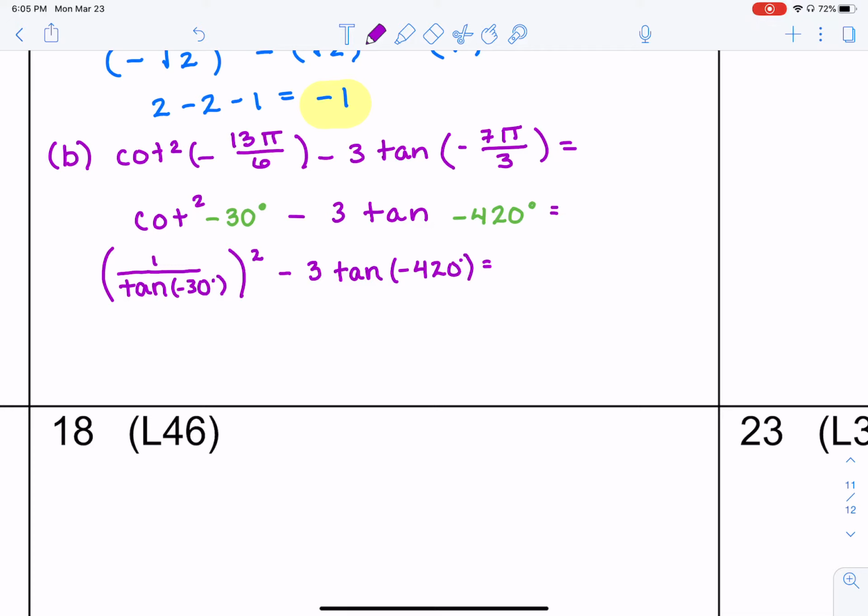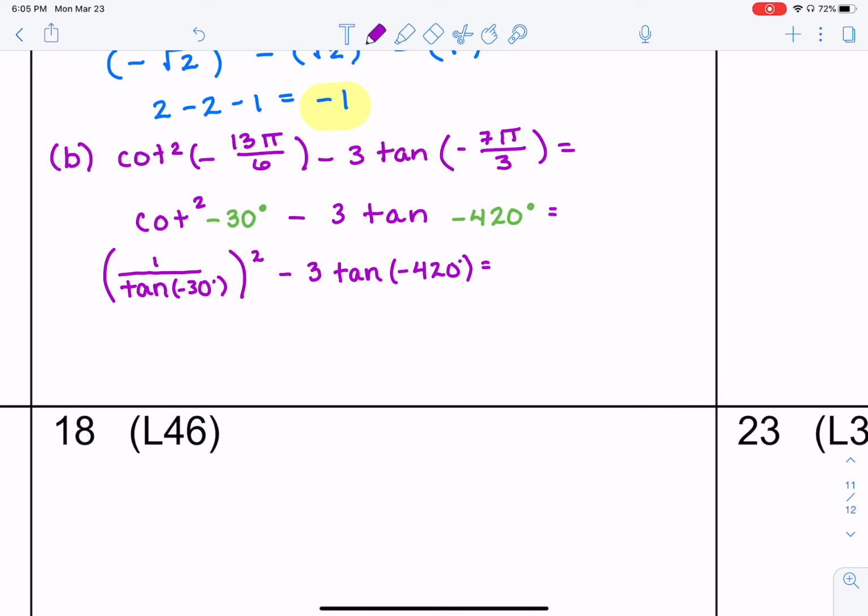So you're really at 330 degrees. If you figure out what your tangent is there, and then you reciprocate it, you're going to end up with root 3 squared minus 3 times negative root 3. And actually, I think this one's a negative as well. When I square it, the first one won't matter. It just becomes 3. And this would become plus 3 root 3. And that's my final answer for part B.